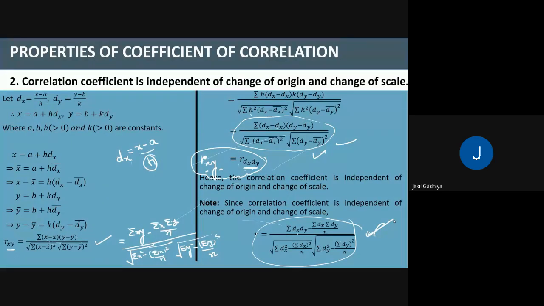Then after this form, then third one is this. This is the fourth one, and this is the fifth one. So there are a total of five formulas for the Karl Pearson correlation coefficient.